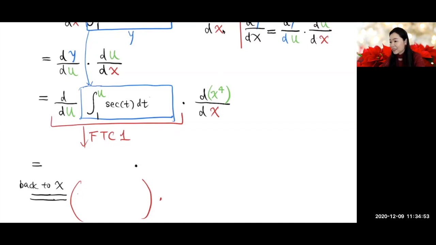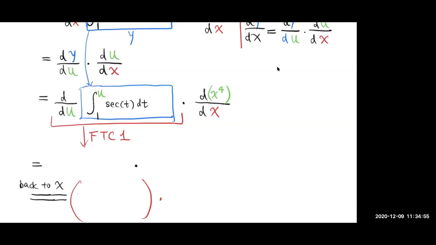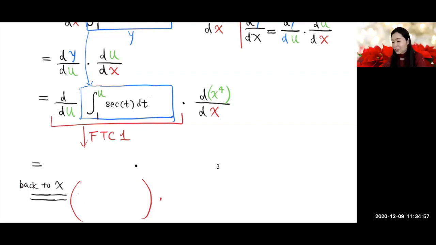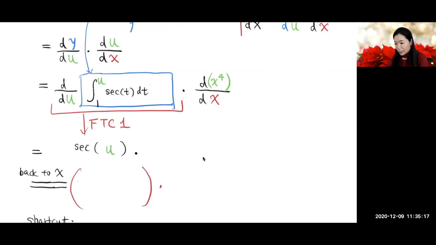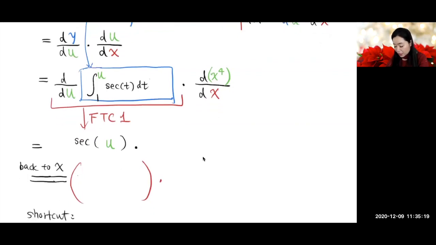You can enter it in the chat. Secant u? Is this secant u? Secant u, you got it. So we end up with secant u over here. But u is x to the 4, so later on we can replace this u back by x to the 4.